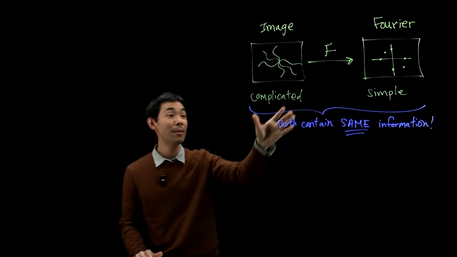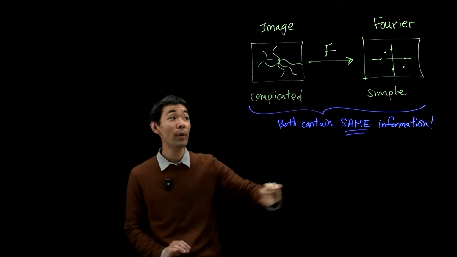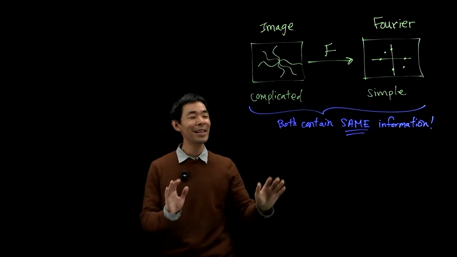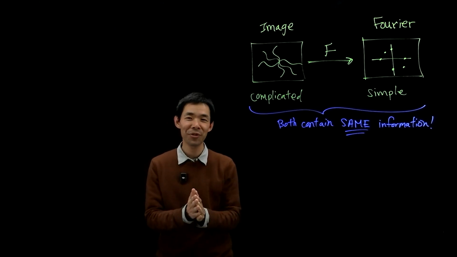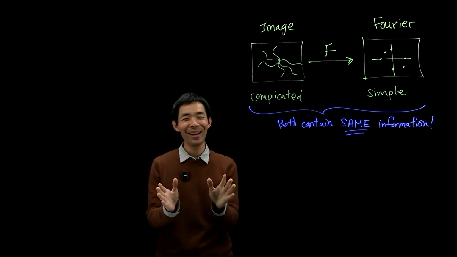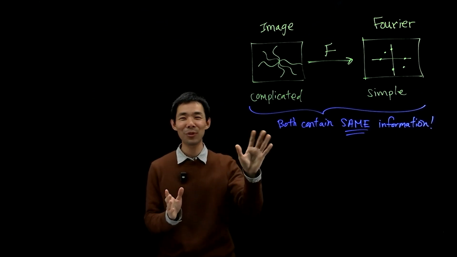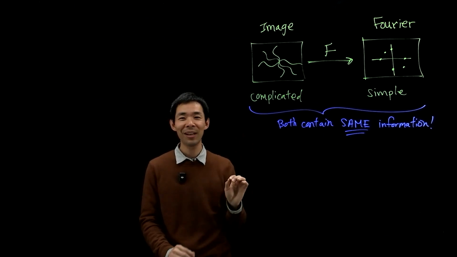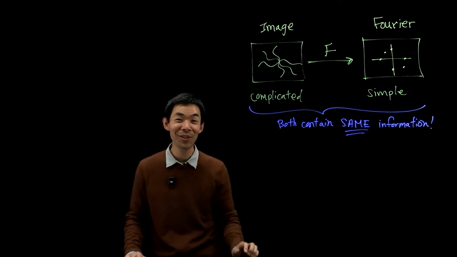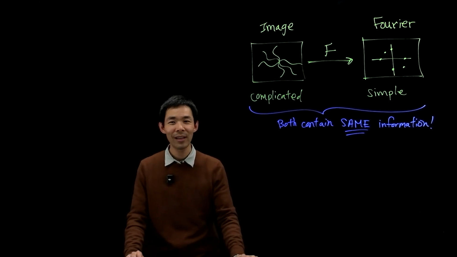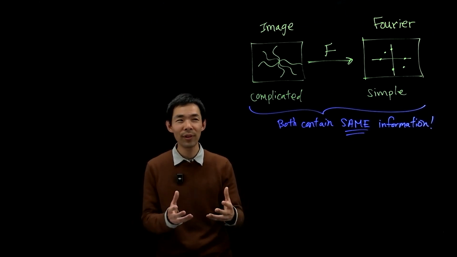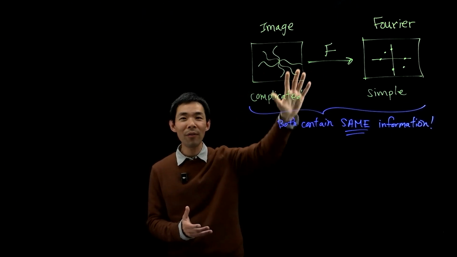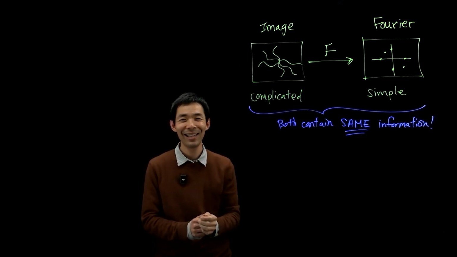So whether you hand me your super complicated image or whether you hand me this very simple diagram with 6 points, they contain the exact same information. And I don't know about you, but I don't want to remember super complicated things. I just remember 6 numbers, where they're located, that's it. And a computer works the same way. A computer does not want to hold many, many, many memory sizes of all the features that you hand in, right?